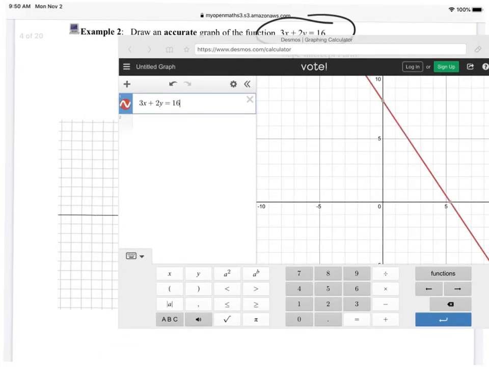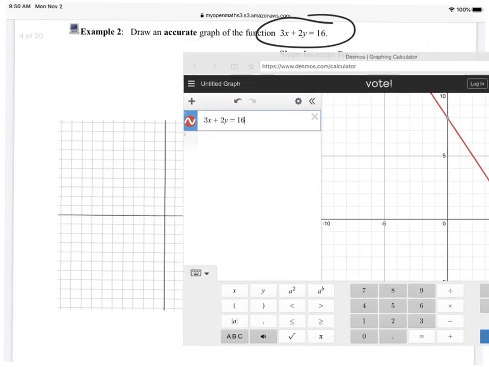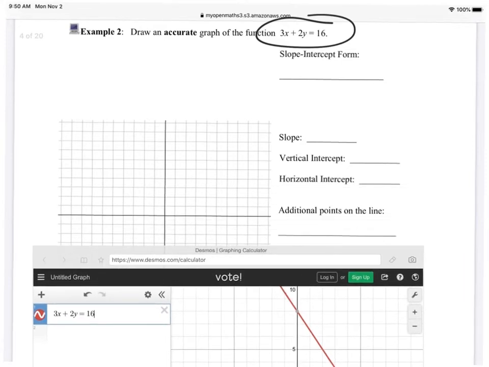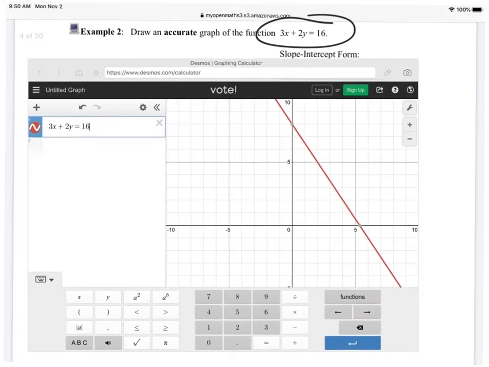Just like when we were graphing systems, when you are asked to create a graph, you need 2 points. I would say to choose your intercepts if you can, because that's going to be easier for you to plot. If you notice, this crosses the y-axis at 8 and the x-axis not at a pretty spot, so I'm not going to be able to use that intercept.